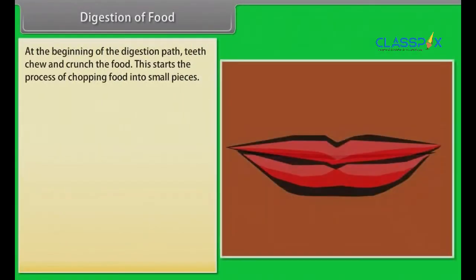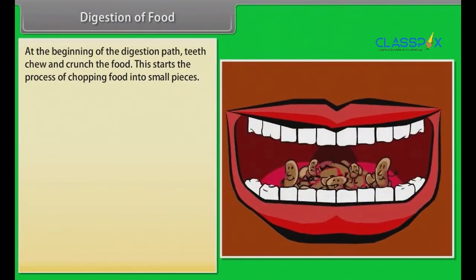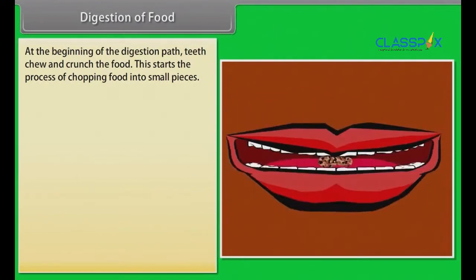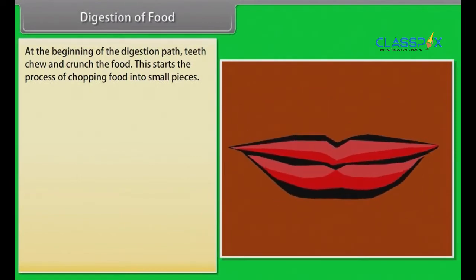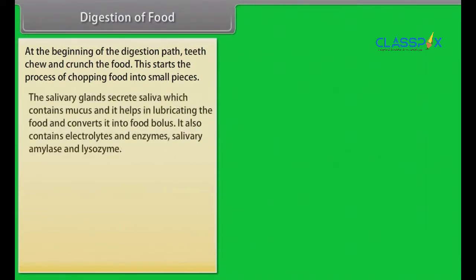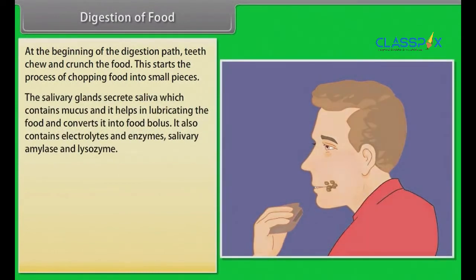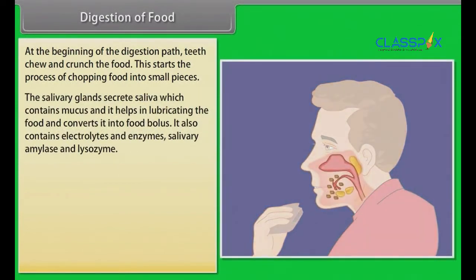Digestion of food. At the beginning of the digestion path, the teeth chew and crunch the food. This starts the process of chopping food into small pieces. The salivary gland secretes saliva, which contains mucus that helps in lubricating the food and converts it into a food bolus.